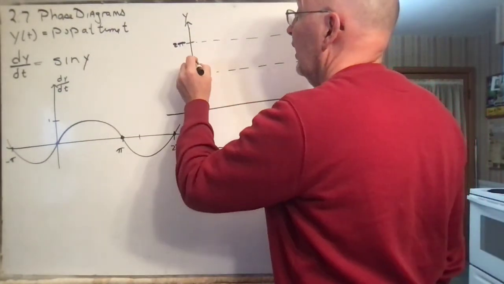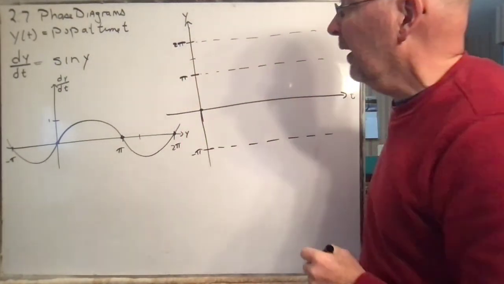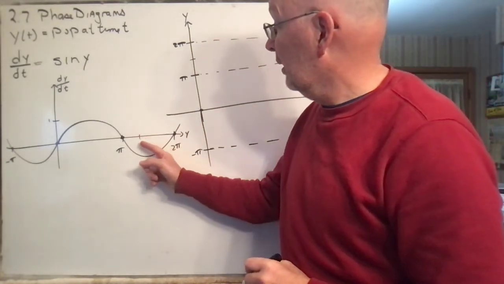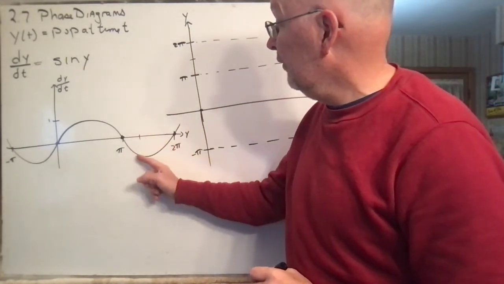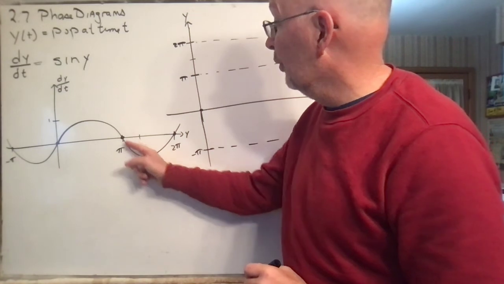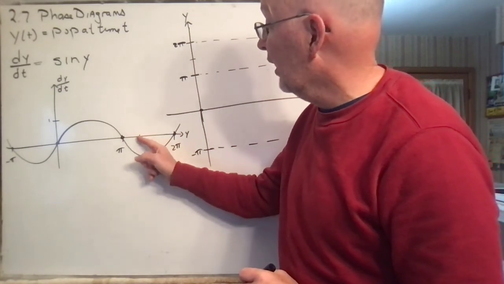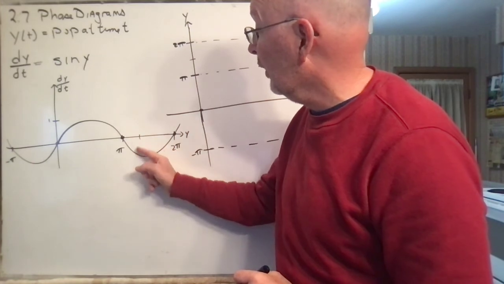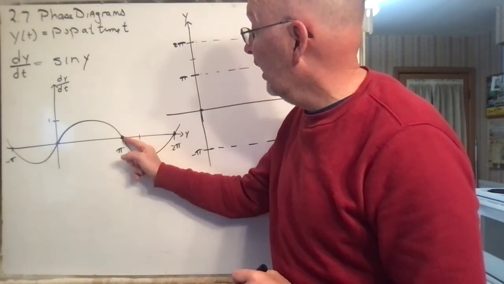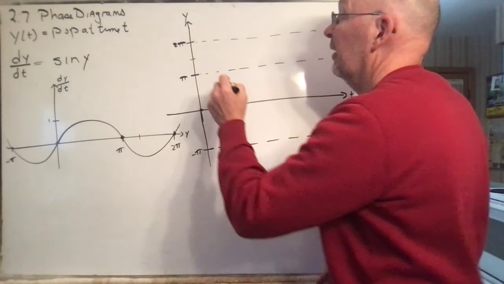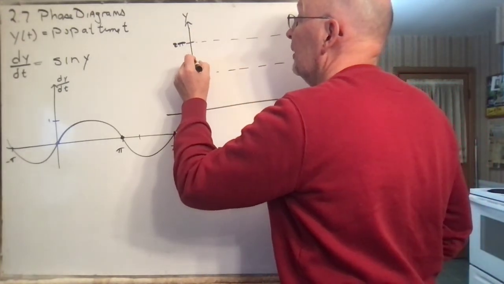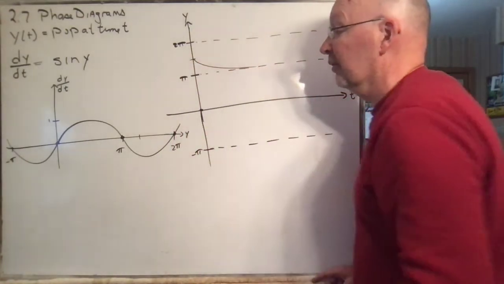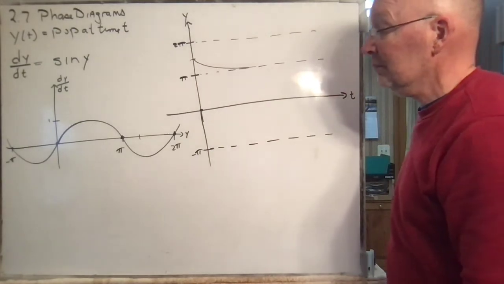What does the graph say to do? It says the derivative is negative, and since the derivative is negative, I have to be decreasing. I first decrease rather quickly, but then I slow down as I get here. So my slope starts pretty steep, and then it slows down. It's going to look something like that.